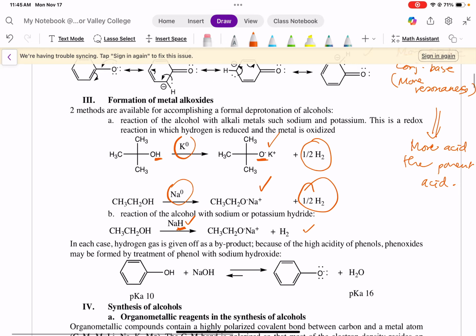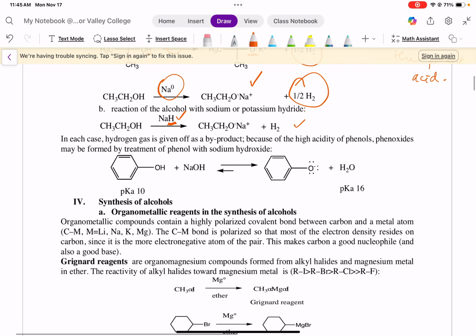When we get to phenol, which is benzene and alcohol, the pKa is so good, it's only 10. So that's acidic enough for us to use OH minus. The way you recognize this, if you look at OH minus, remember it comes from water, and water's pKa is 15.7, so let's say 16.